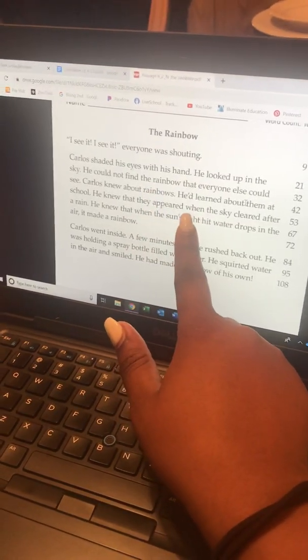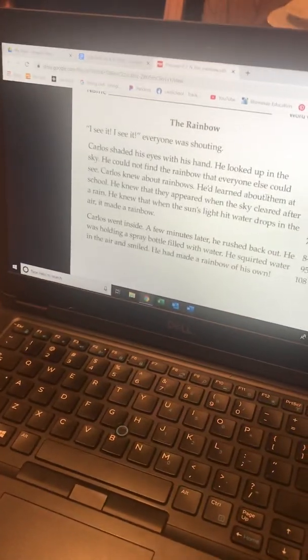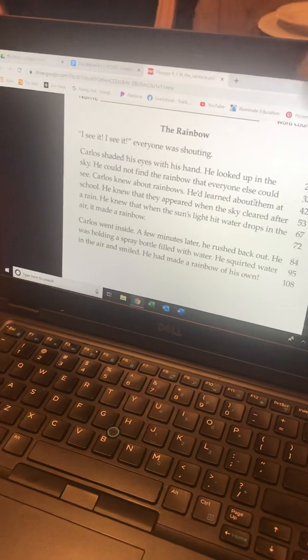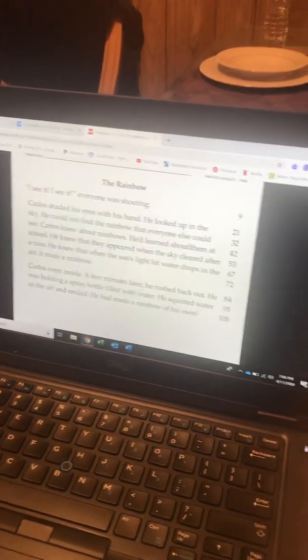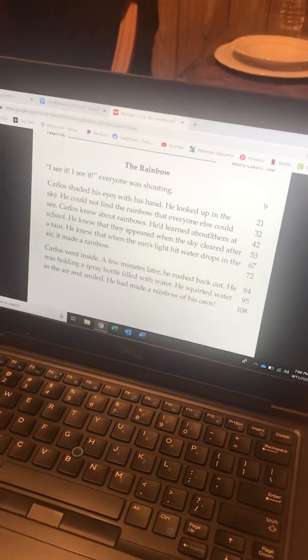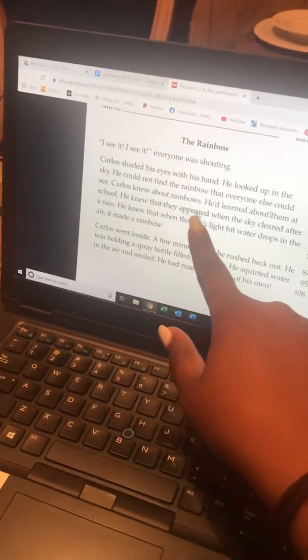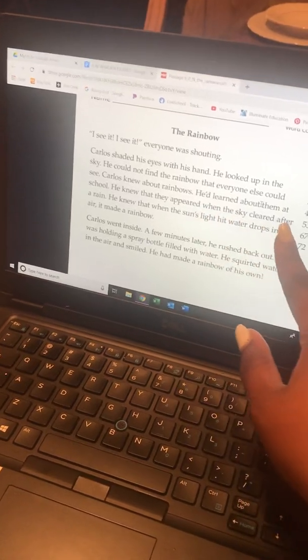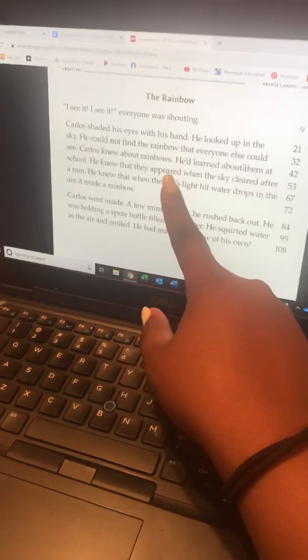But this is appeared. That's when something comes before you, or something is in front of you, or you all of a sudden see something, or something comes across your eyesight, okay? He knew that they appeared when the sky cleared after the rain.